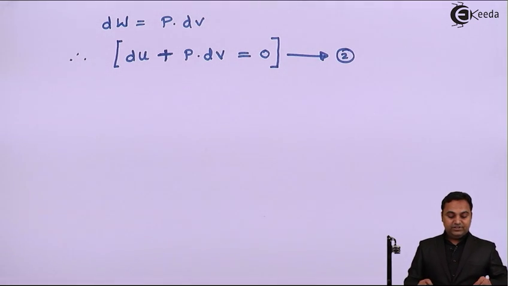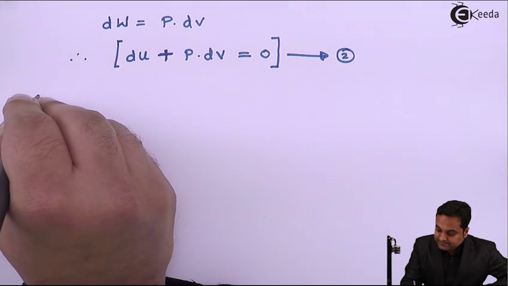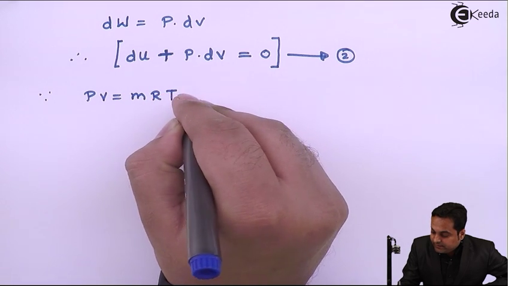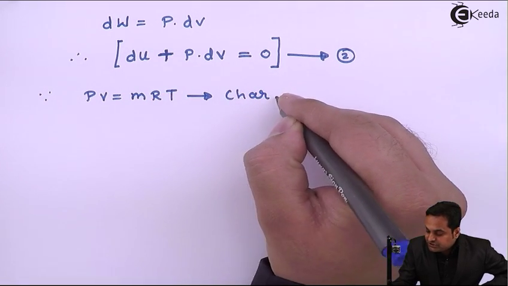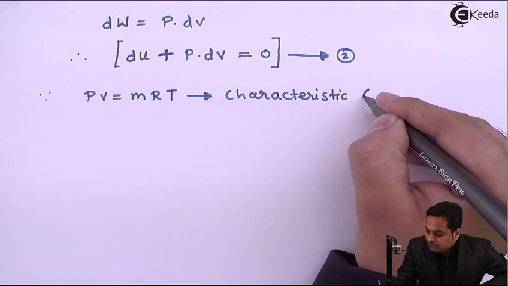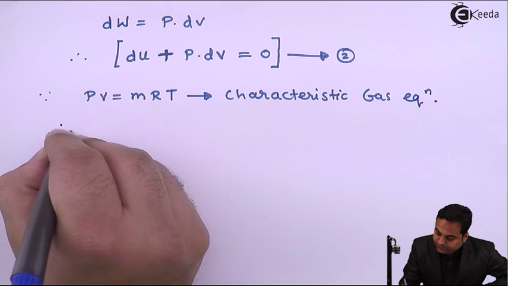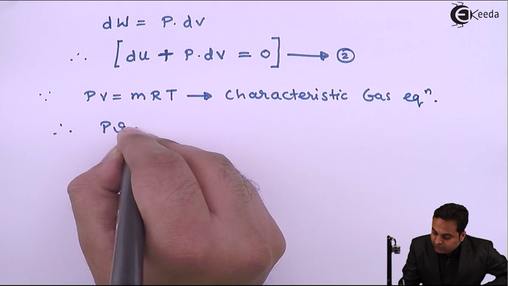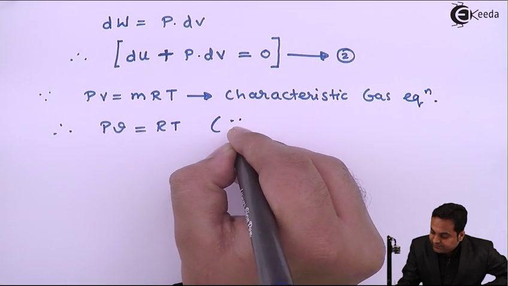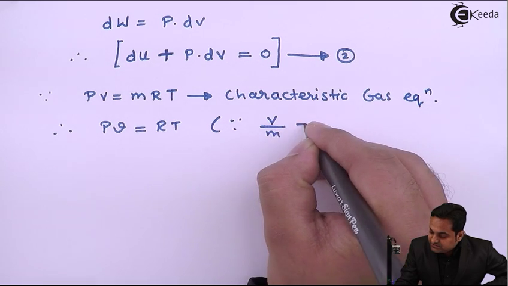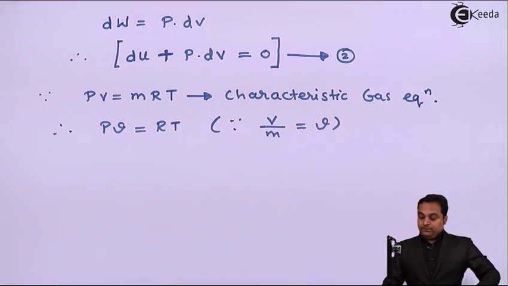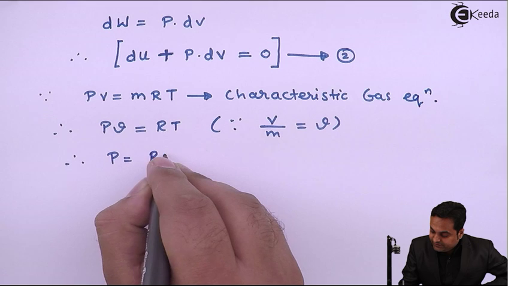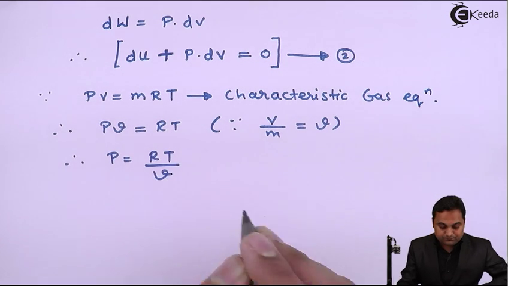Then after reaching here, I can say that since PV is equal to mRT and it is the characteristic gas equation, so if I bring mass here, volume upon mass is called specific volume, and that is equal to RT. Since volume divided by mass is specific volume, instead of P I can write it as RT divided by small v.